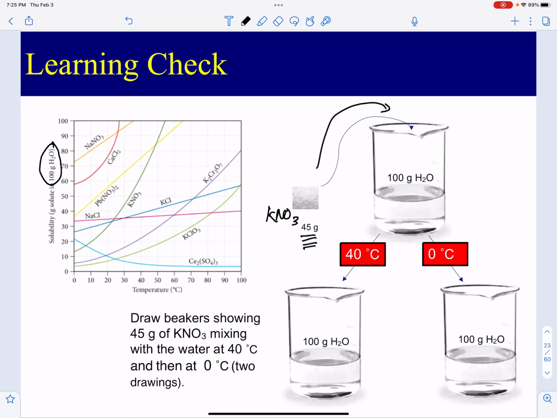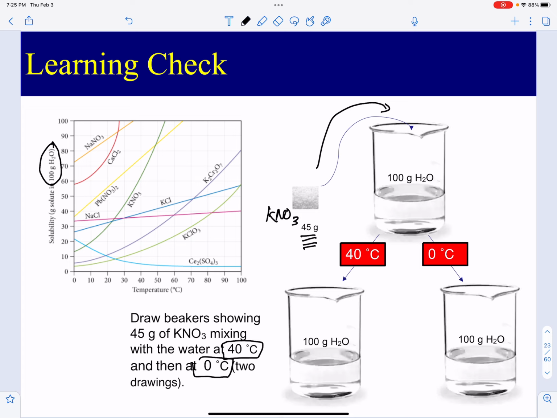Usually solubility is given per 100 grams of water, grams of the solvent. So I want you to draw 2 beakers, both of them with 45 grams of potassium nitrate mixed with 100 grams of water, one of them at 40 degrees Celsius, the other one at 0 degrees Celsius.